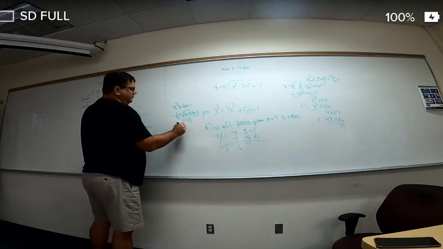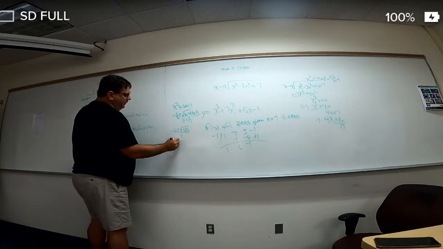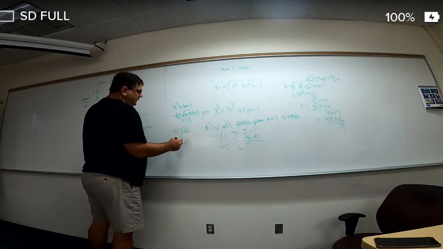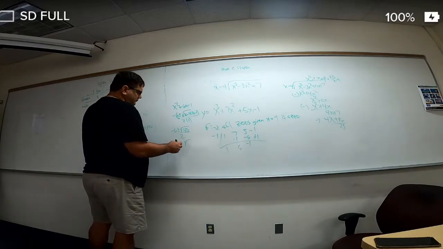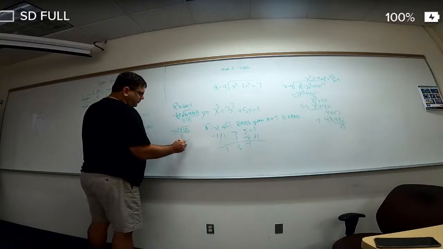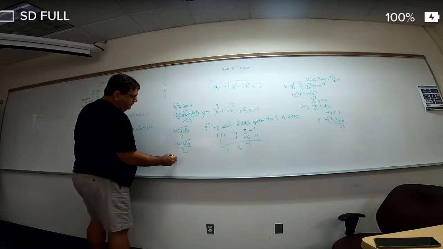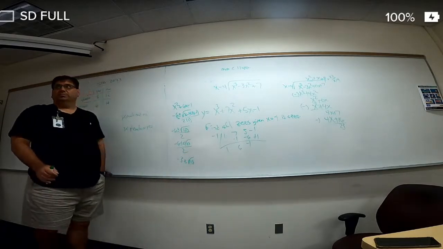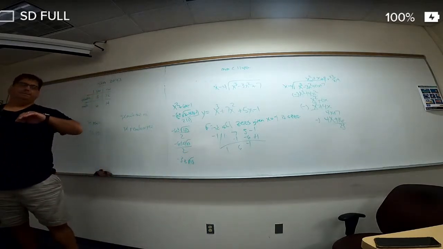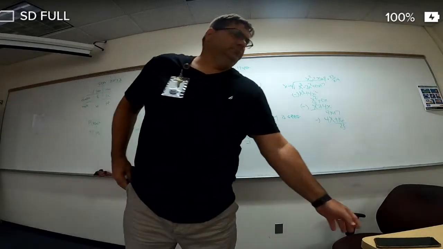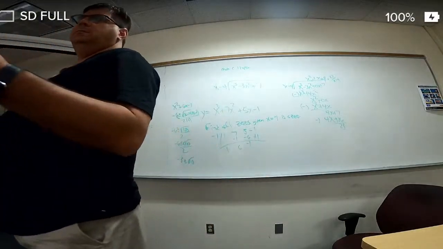Negative 6 plus or minus the square root of 40 over 2, which is negative 6 plus or minus 2 square roots of 10 over 2, which is negative 3 plus or minus the square root of 10. And those are your other two zeros. You good?